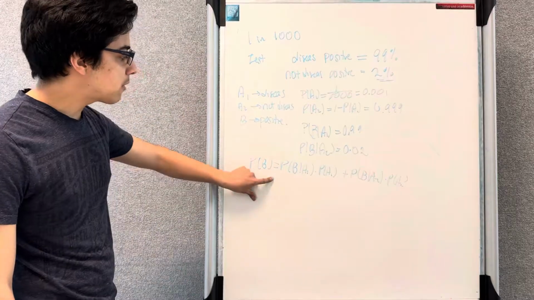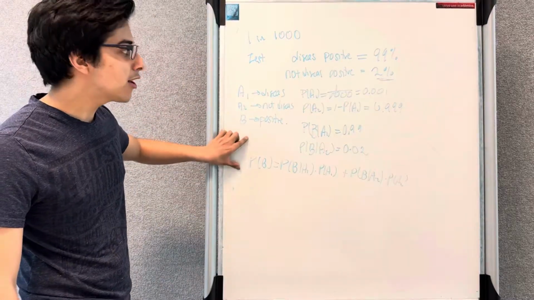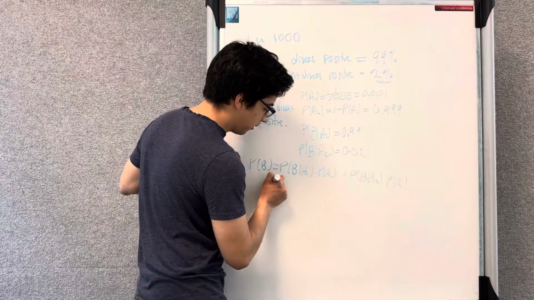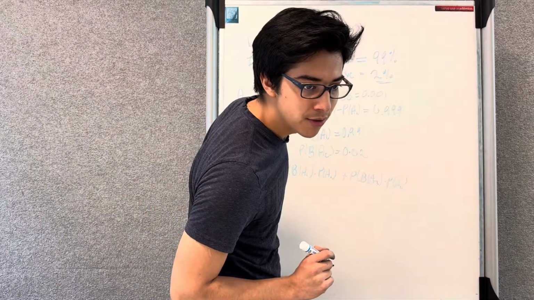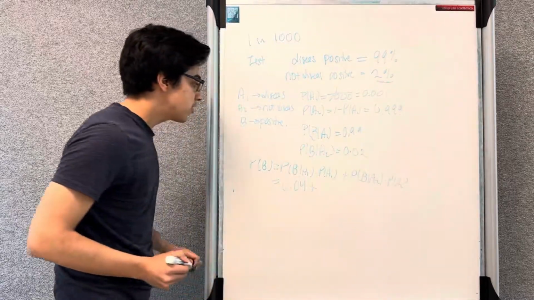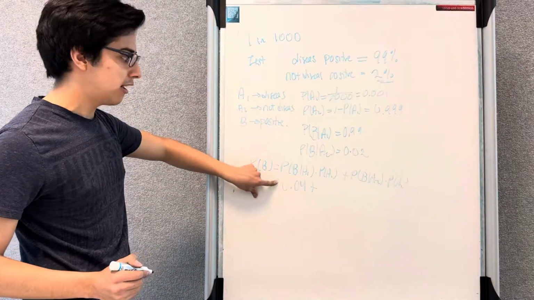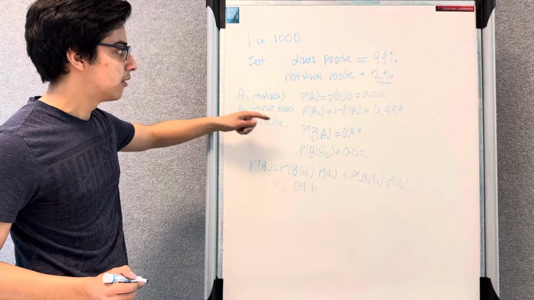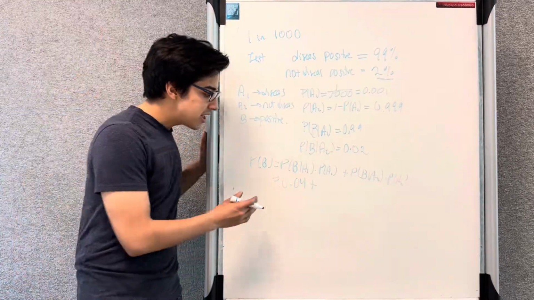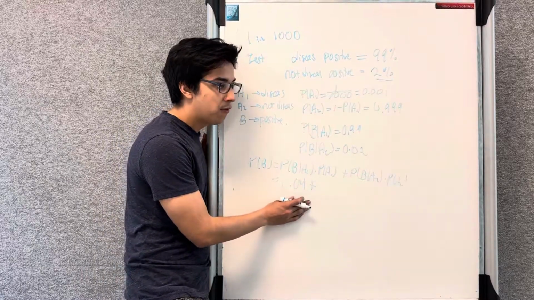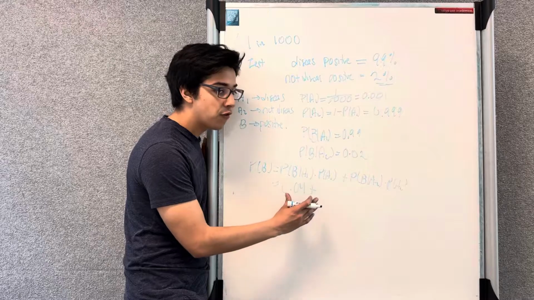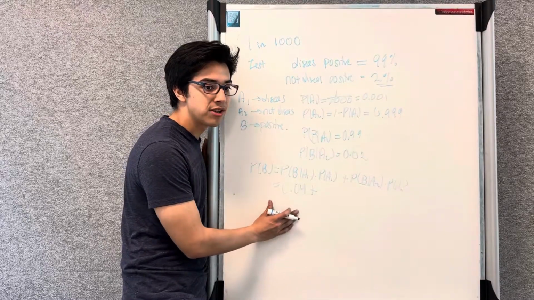So using the total probability, we can calculate this easily because we have all this data, and this will be equal to 0.047. So this is the total probability that, given that you take the test and you don't know if you have the disease or not, there is a 0.047 probability of having a positive result.